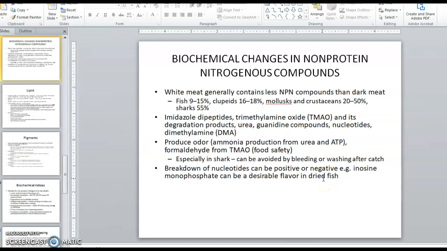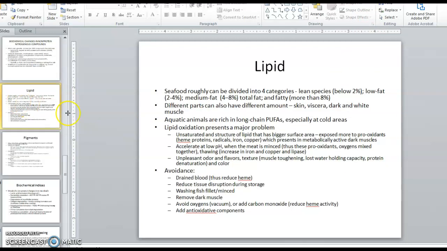If you notice certain dried or fermented fish, they have a very strong smell. It can be off-putting for some people, but usually this is the characteristic that people want in fermented seafood. This is caused by the breakdown of nucleotides that produce compounds giving the odor and also the flavor to the dried fish.